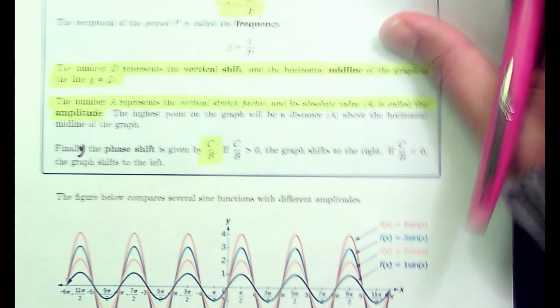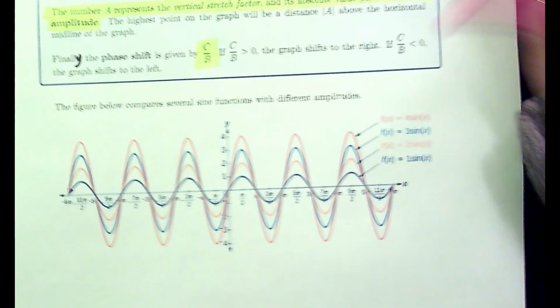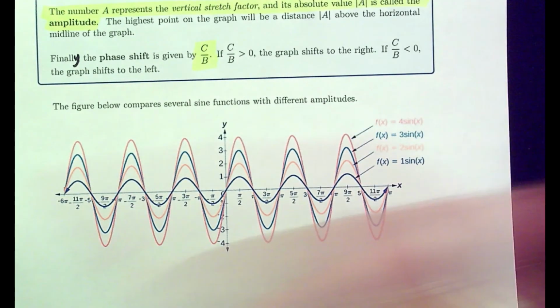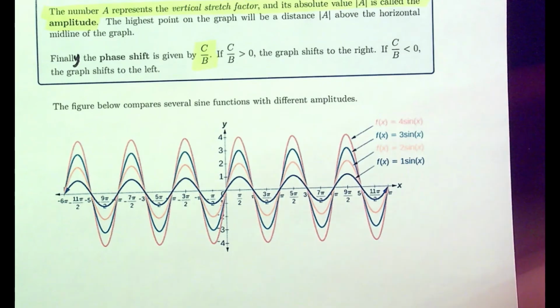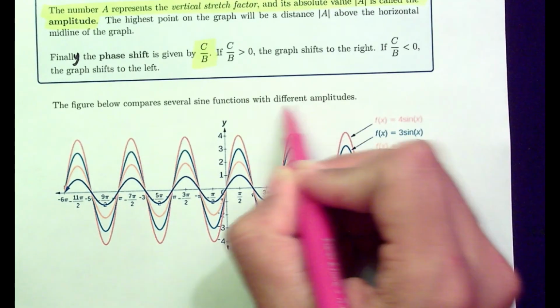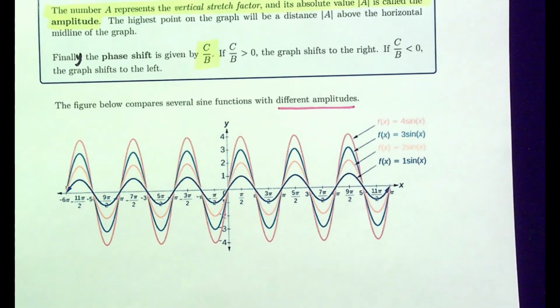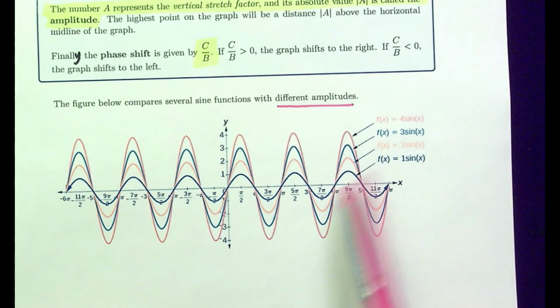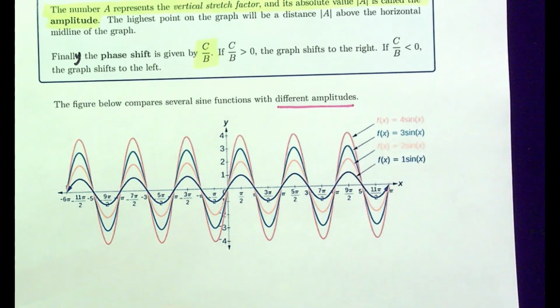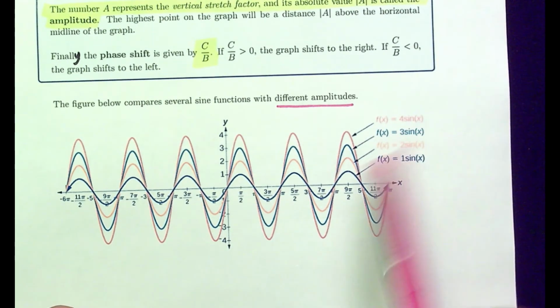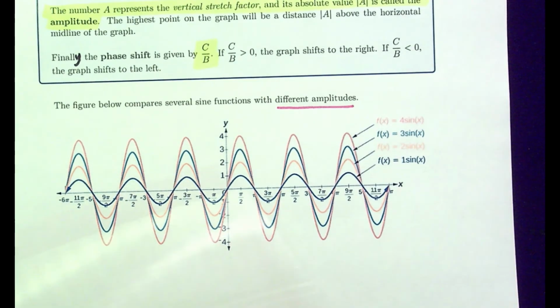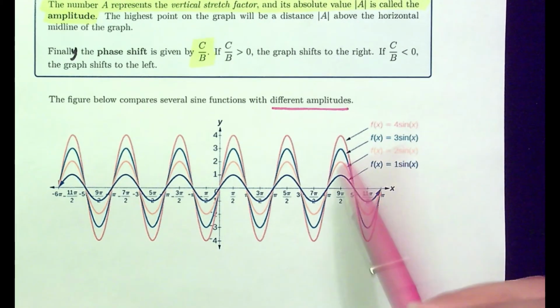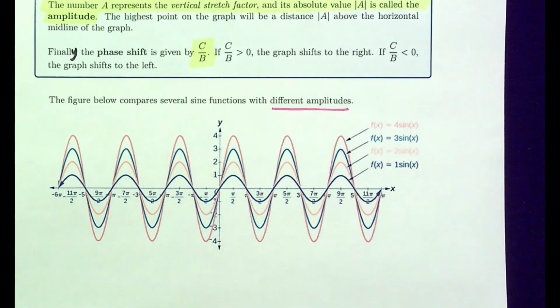All right, and here are some graphs that show examples of the basic graph with different amplitudes. So this one is 1 sine x, 2 sine x, so the wave is twice as tall, 3 sine x, so the wave is 3 times as tall, and 4 sine x, so the height of the wave is 4 times as tall, so 4 units.